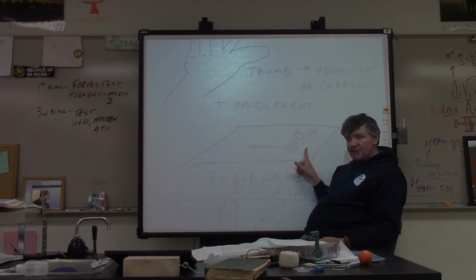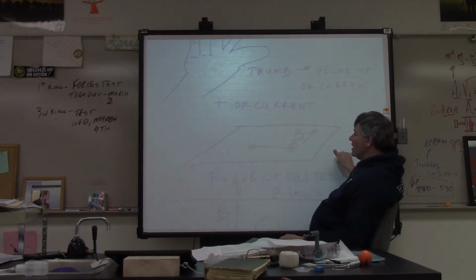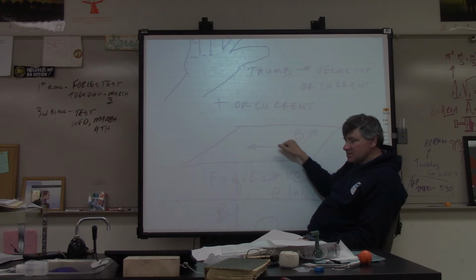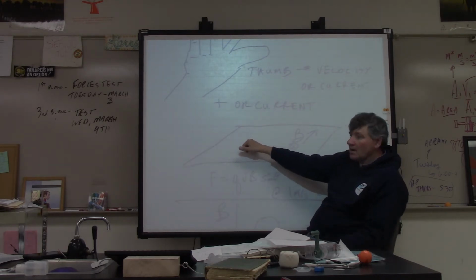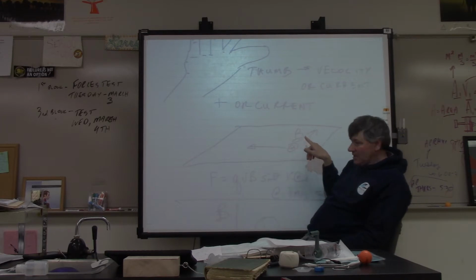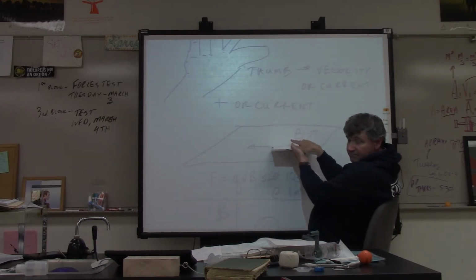I've got a magnetic field, and this is an external magnetic field, going in this direction. So here's what I'm going to do. I'm going to point my thumb in the direction that the proton is going. I'm going to put my index finger in the direction of the magnetic field, which is like this, okay?